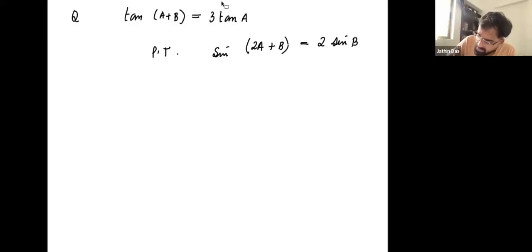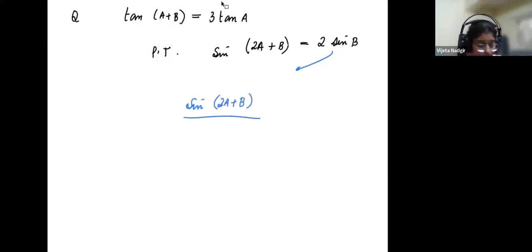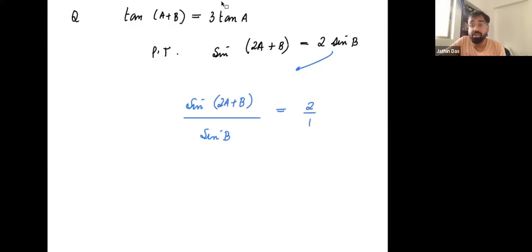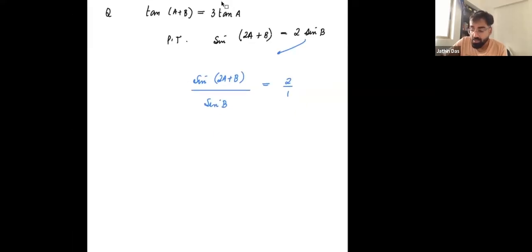Did you start like this, bringing sine b down? No. I did sine 2a, like I expanded that. No, use componendo dividendo.